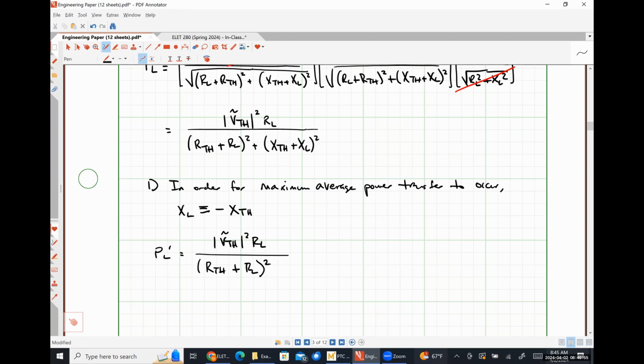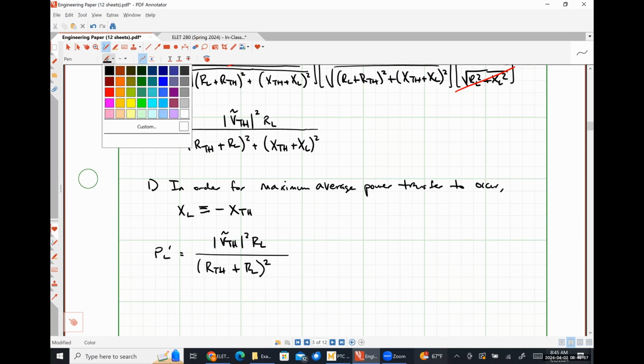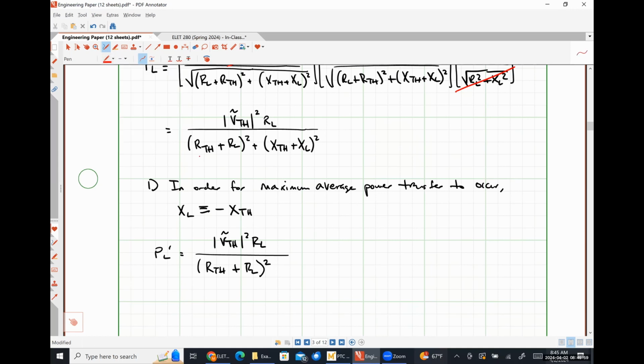So just so we're all on the same page, let's say RTH plus RL is 5 and XTH plus XL were 3. So I would have something over 25 plus 9.